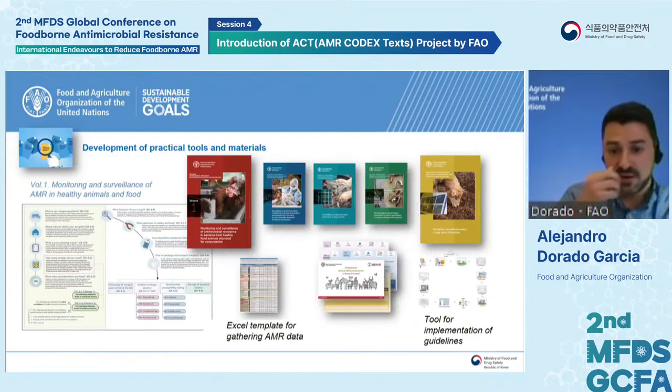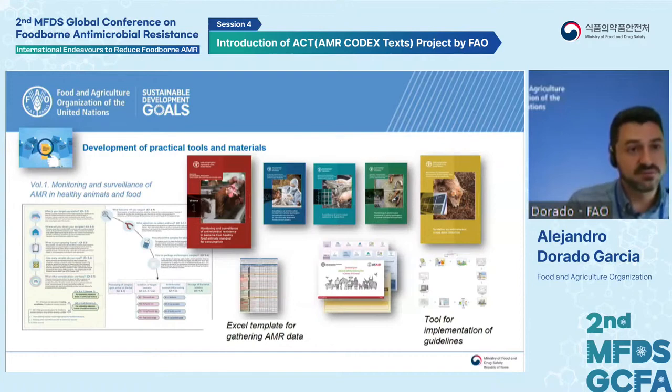In addition to this, I would like to focus now on the development of practical tools and materials, because this is also one of the main activities of this project. The idea on this project is to also build on what has been already developed. So under different projects in the organization, we have developed frameworks. For example, in Southeast Asia, there is a framework for doing surveillance across different surveillance domains in food and agriculture.